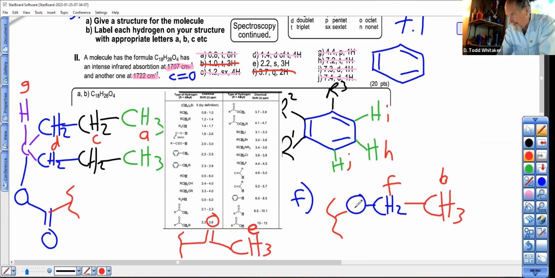It's the oxygen. Which of these peaks has the highest shift? H, I, or J? J. I prefer this to be the F group right here. This group. I called it F because we were working on the F to get to this point. It's not an F group anymore.